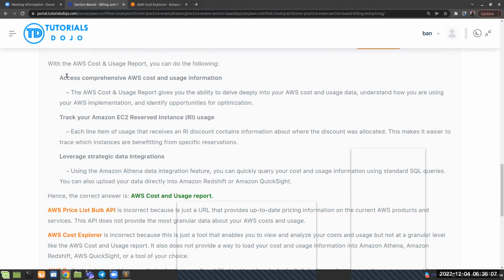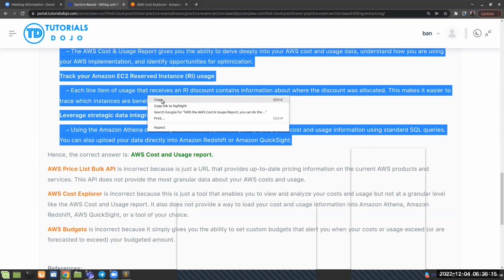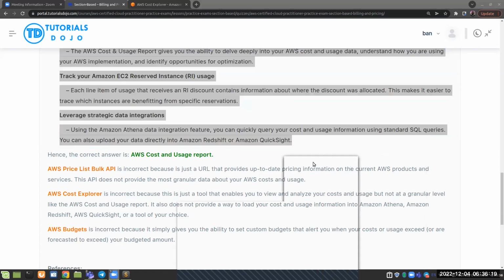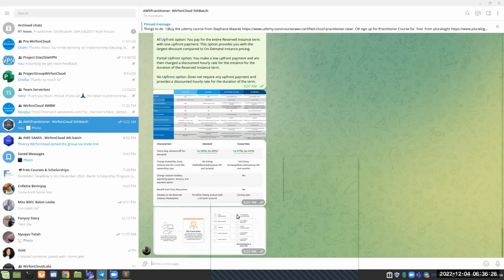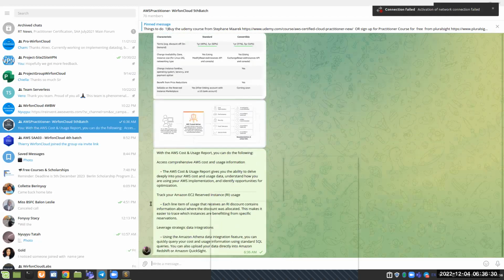So apart from knowing what AWS cost and usage report is, you should also know these three areas. I know most of you will be able to define what cost and usage report is, but maybe lack these details. So I'm sending that to the chat for you to pick up.